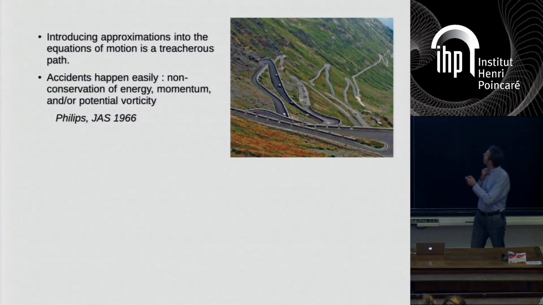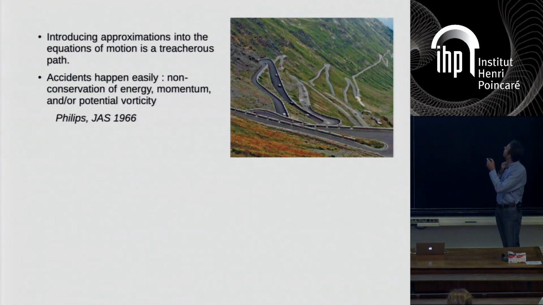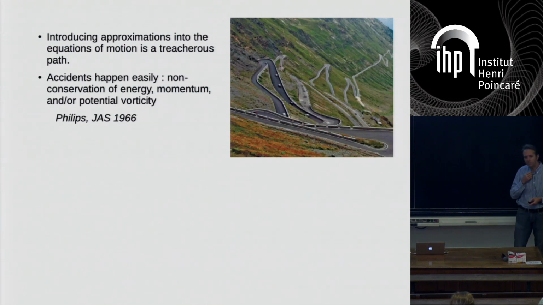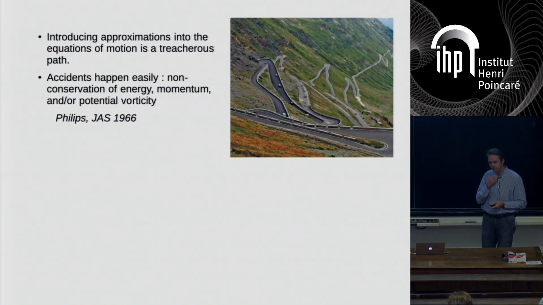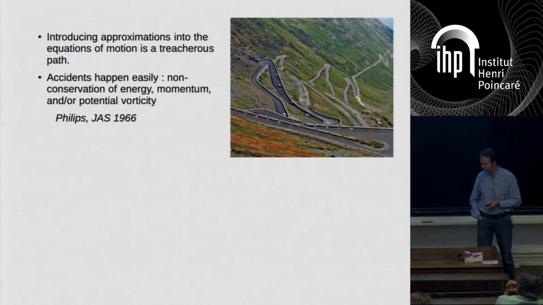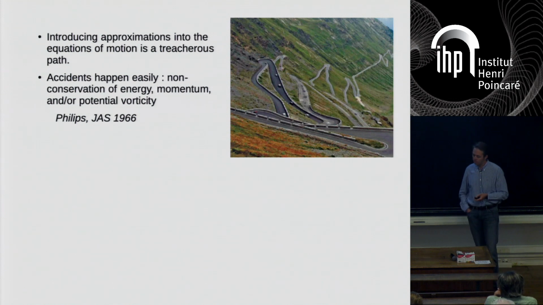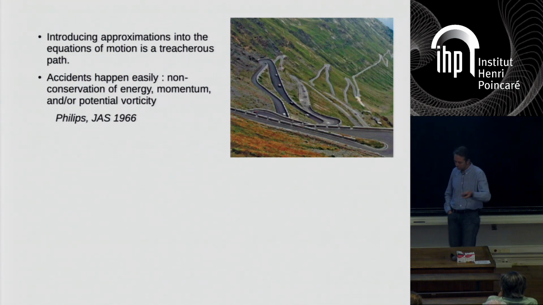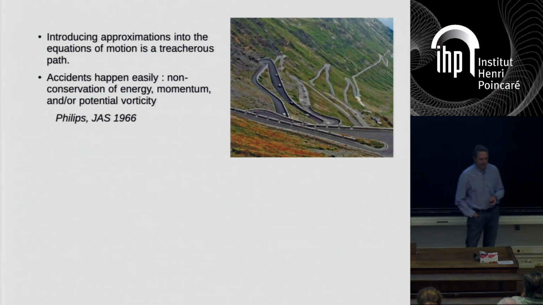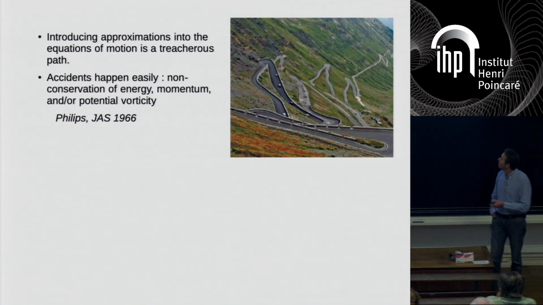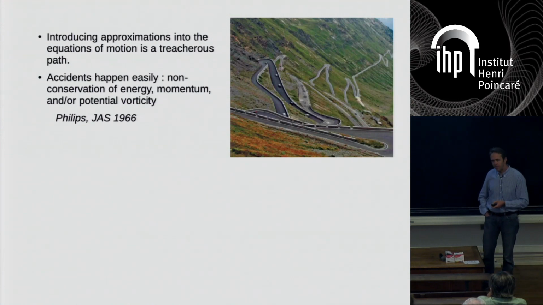So you can have all these accidents. If you're a very good driver, you can take care of everything and come up with a model that conserves all that you need. And we have had many of them, like Charney, Phillips, Rossby, Arakawa. Okay, if you're not a good driver, I have some good news.